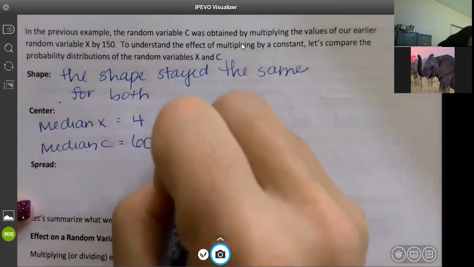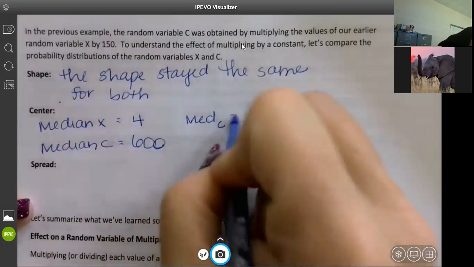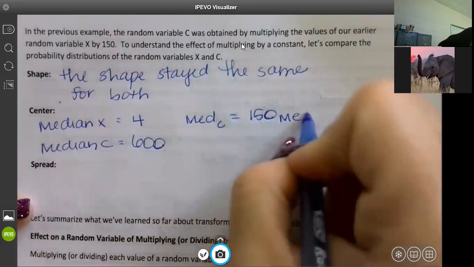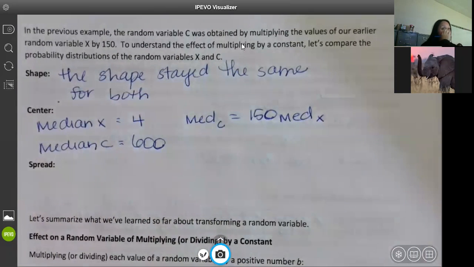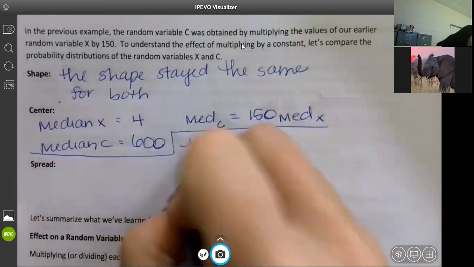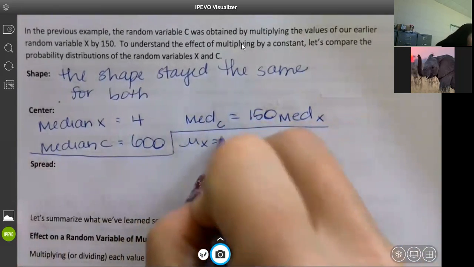If you check that out, the median of C is actually 150 times the median of X. So 150 times 4 is 600. If we look at the means, the mean of X was 3.75.